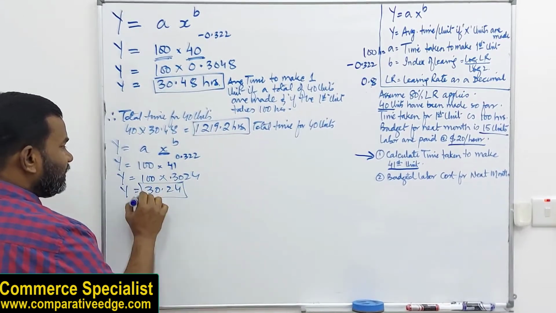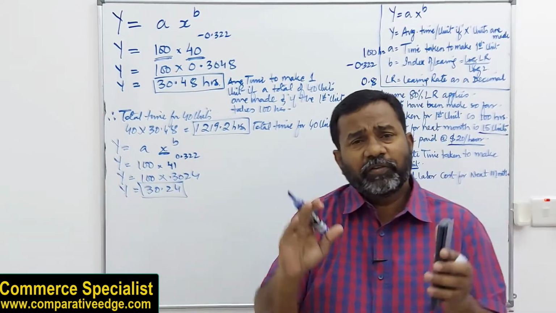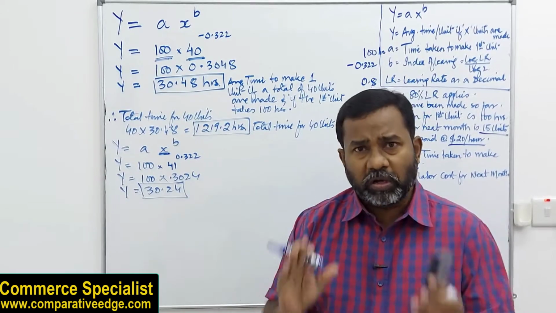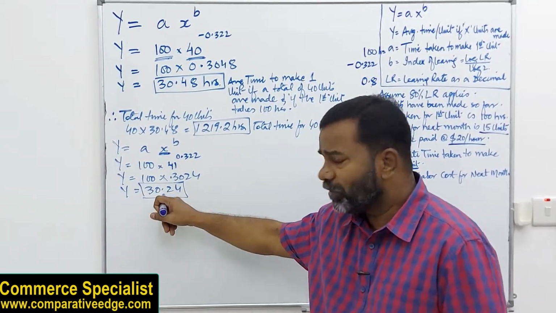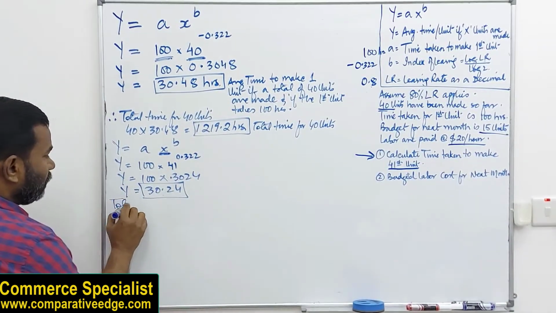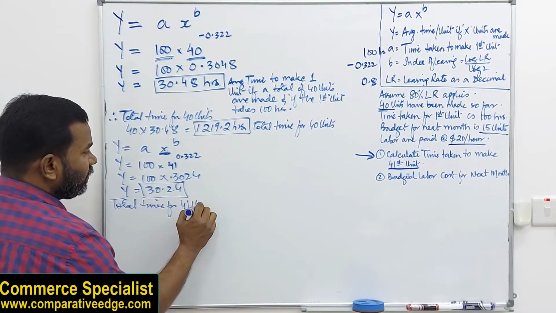Now again, this 30.24 hours is the average time to make 1 unit if 41 units are made in one go and the first unit took 100 hours. So if this is the average time to make 1 unit, we can find the total time for 41 units.